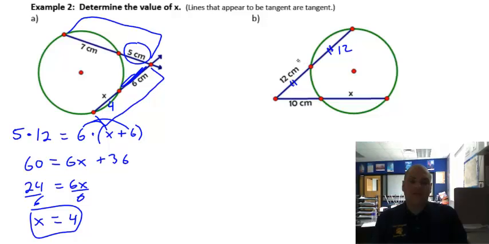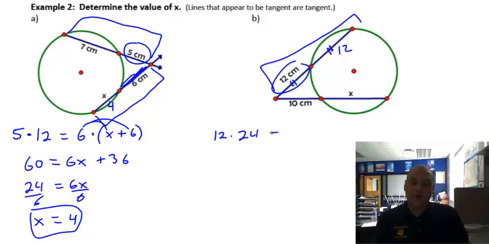So it's outside times the whole thing. Not 12 times 12, 12 times 24. The whole thing's 24, since this whole thing was 12. And then 10, the outside, times the whole thing. The whole thing is x plus 10.